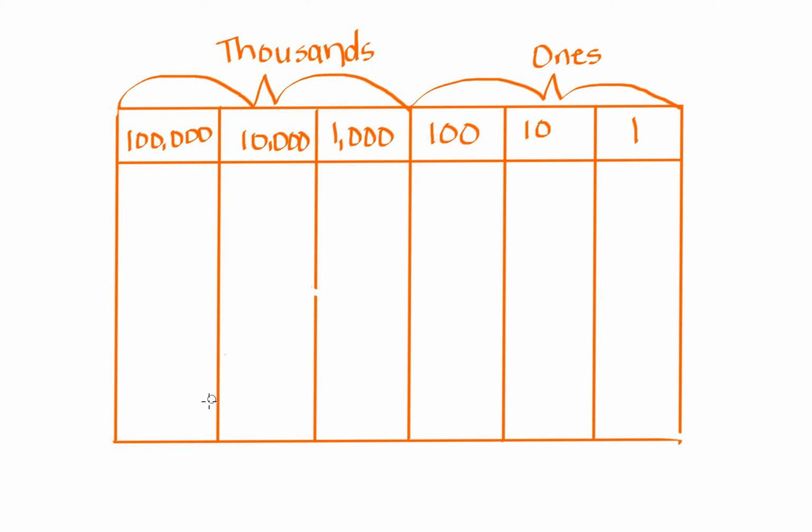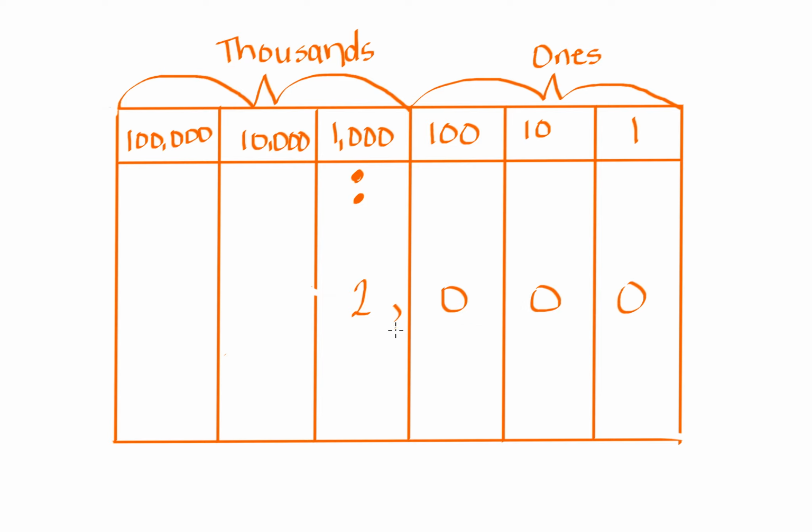So the first thing is we're going to learn how to do 1,000 more or 1,000 less. So if I give you this, and then I tell you that I want you to show me 1,000 more. So first of all, this number is 2, 0, 0, 0.